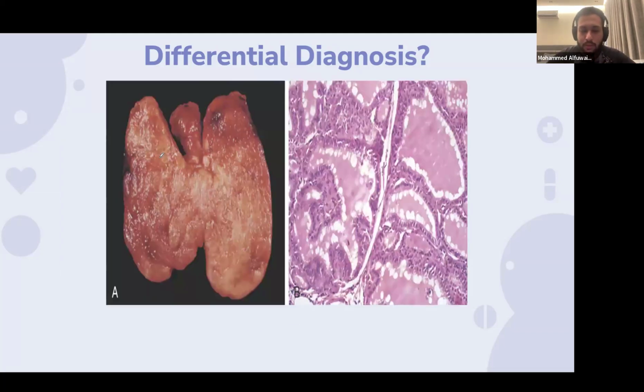Now you do firstly gross, it's diffusely enlarged, both sides. You do histology, you see scalloped colloid, which is all of these white spots scalloping into the colloid. And you see these papillary projections with no fibrovascular stalk. What is this disease?